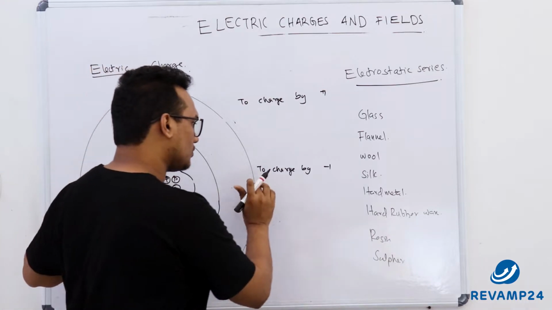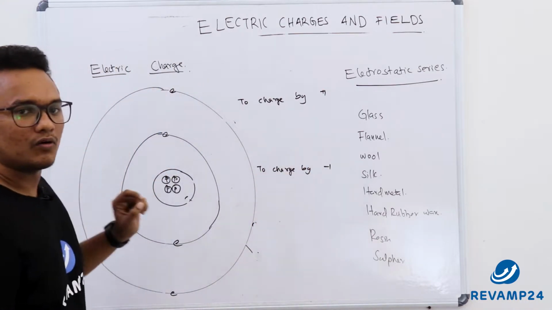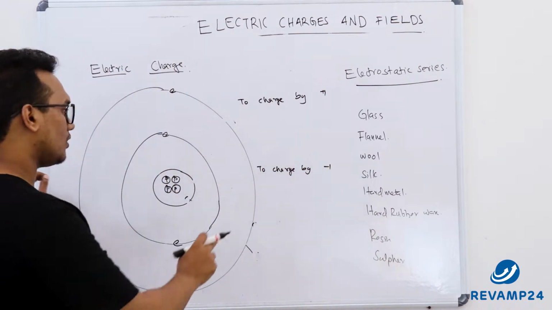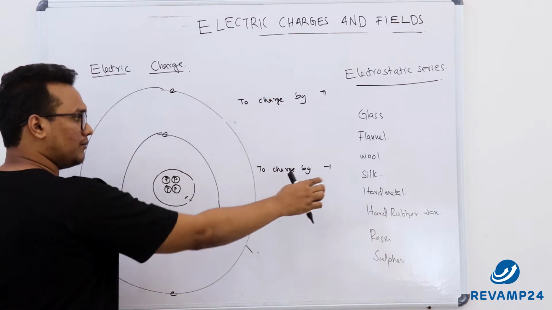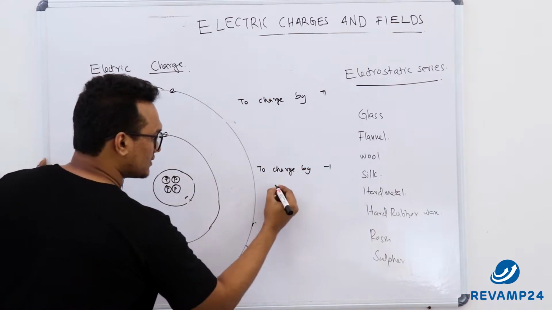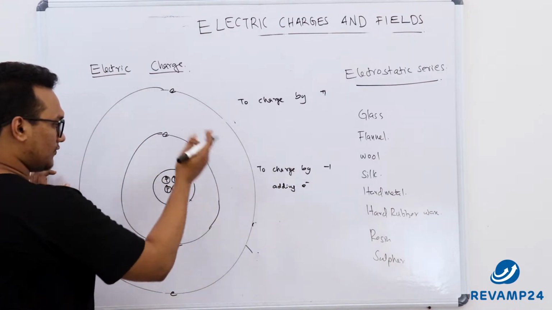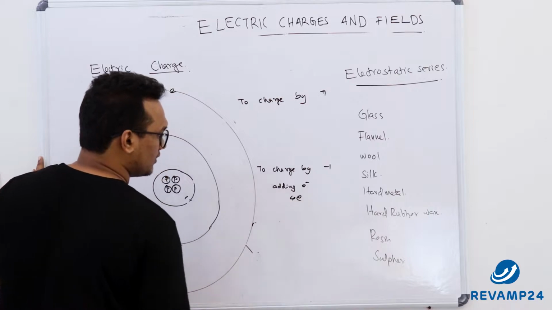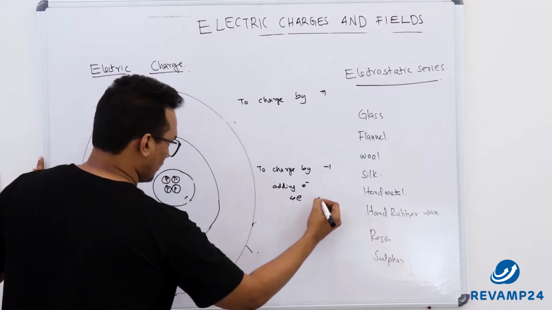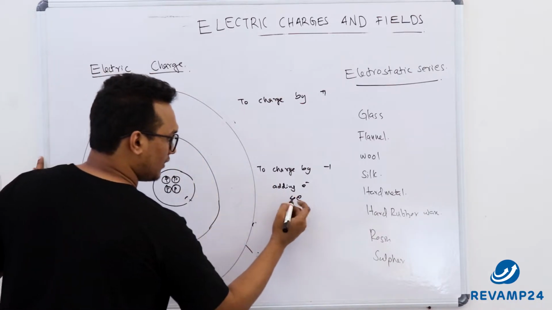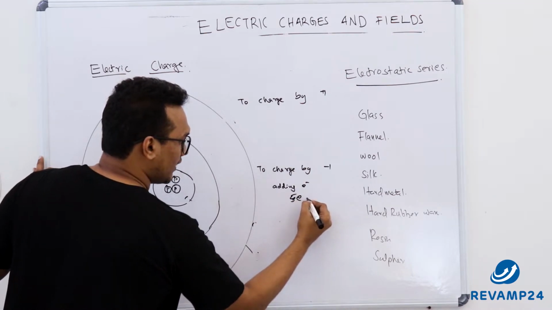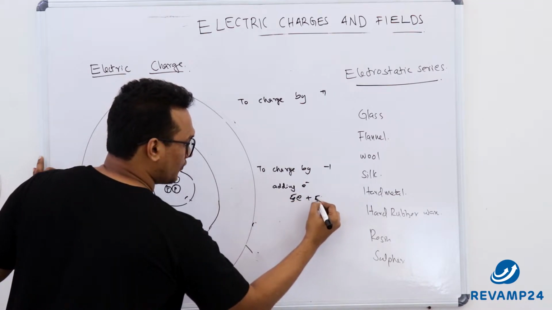So first we will go to the case of charging by -1. To charge this atom by -1, one option is adding an electron. So that will become 5 electrons, and we already have 4 protons.